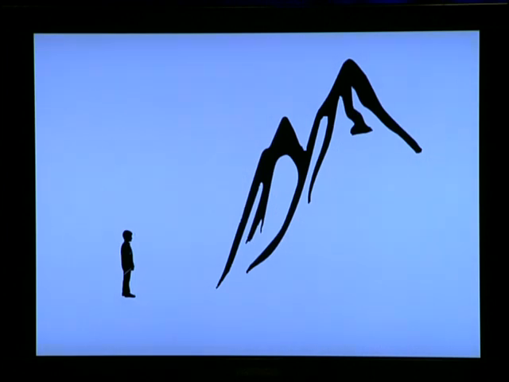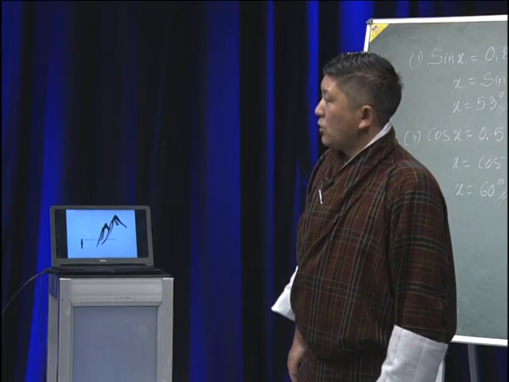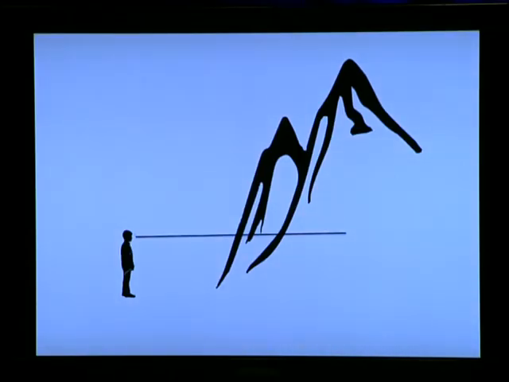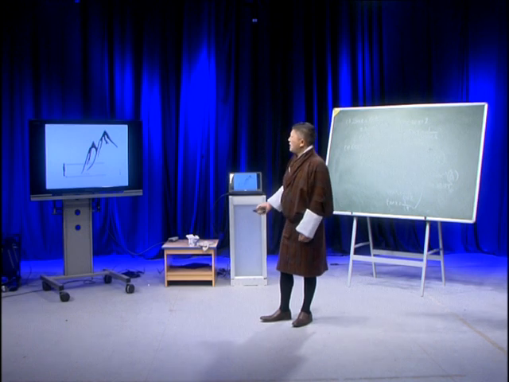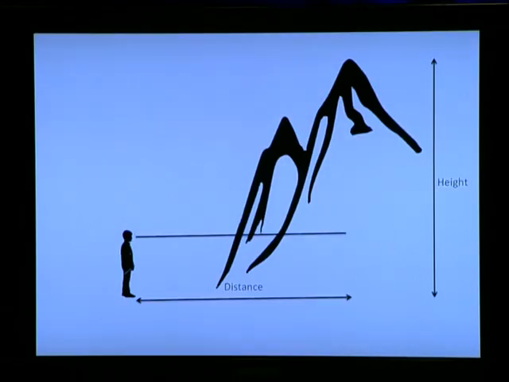This becomes quite impossible. But when you use trigonometry, from the base of the mountain you first measure the distance between you and the base of the mountain, because measuring the distance on the floor is easy. Our main motive is to find out the height of the mountain. As I said, you should know two things.